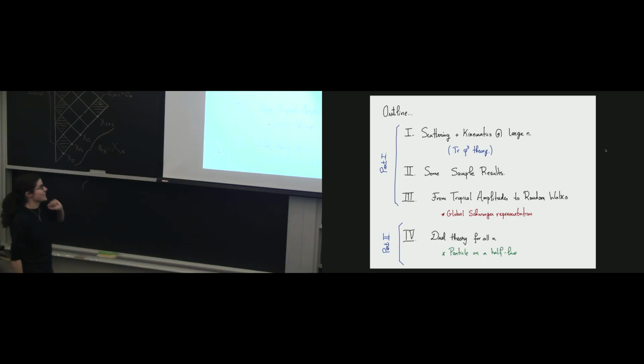In the first part, I'll start by defining the problem, exactly what scattering I'll be talking about, and in particular, what are the kinematics that we'll be considering as we send n to infinity. This is all going to be for this very simple toy model theory of scalars, trace phi cube theory, which I'll also describe in a second. Then I'll immediately jump into some sample results of what the final answer looks like.